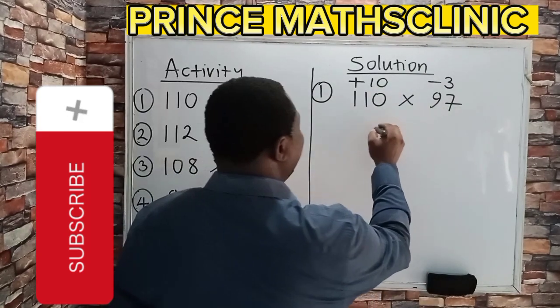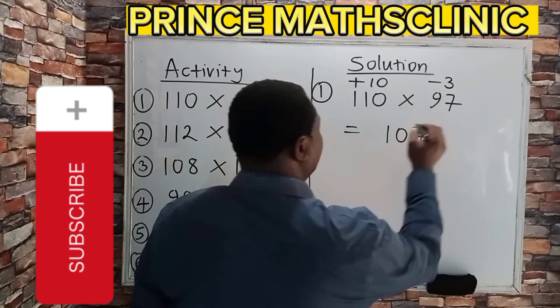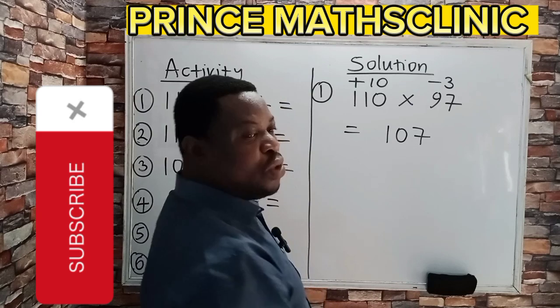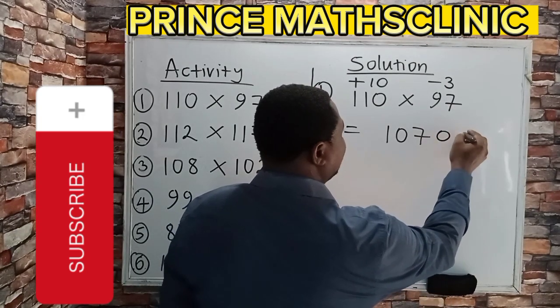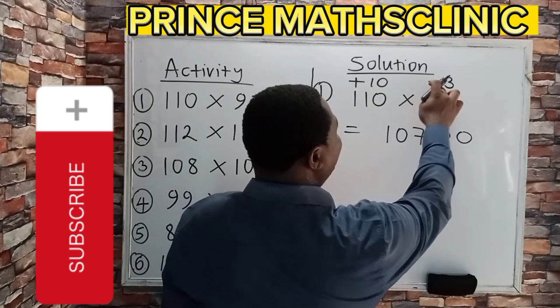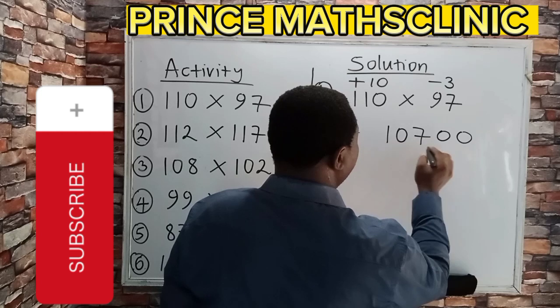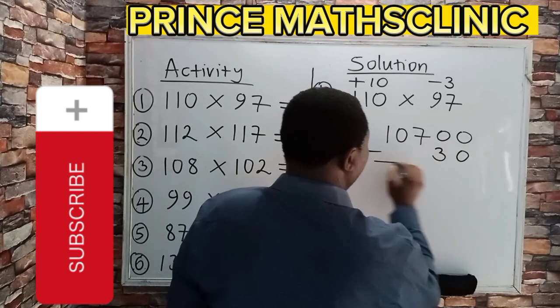So the first thing to write is 107. Then because you are dealing with numbers in terms of 100 that has 2 zeros, add 2 zeros here. Then you say 10 times minus 3 will give you negative 30. So we are going to subtract 30 from this number.